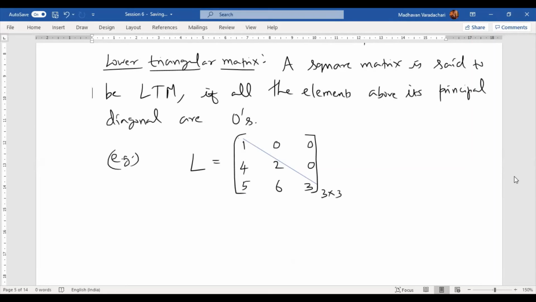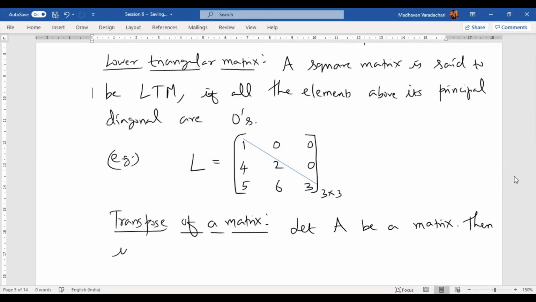Next, we will understand a definition of transpose of a matrix. Let capital A be a matrix.